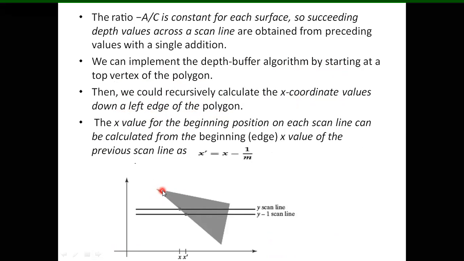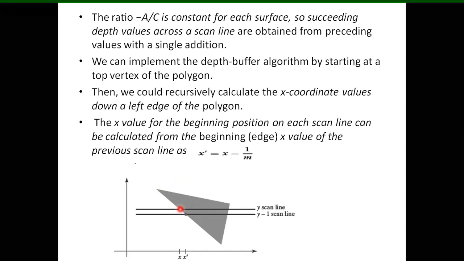I will be checking the z value which is minimum, and I will replace that in the depth buffer. First this scan line, next this, next, and I will go on finding the depth values for each of the surfaces.